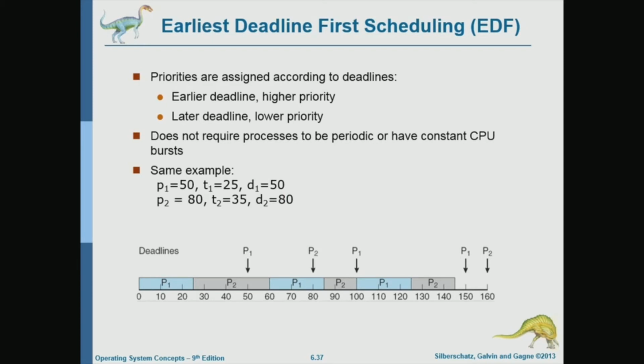Okay, so earliest deadline first, we are going to apply it to the same instance, with the same example, and we will be tracing the algorithm by calculating the deadlines at those time points where a decision must be made.